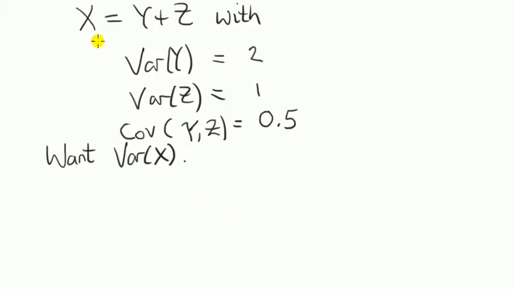Okay, next part of the question, we want now the variance of x. Now x is made up of the sum of two random variables, y plus z. So we can state the variance of x is the same as the variance of y plus z. Now, how can we break down the variance of y plus z? Well, there is a formula that we learn in stats, and when I ask my students this in class, a few of them very eagerly say it's the variance of y plus the variance of z.